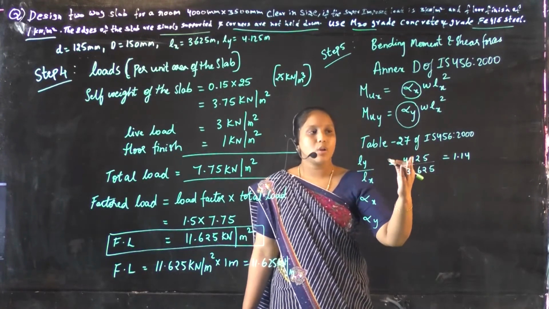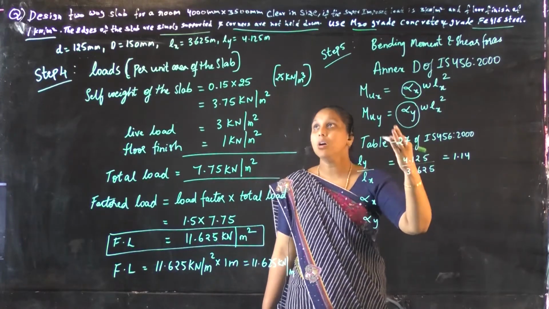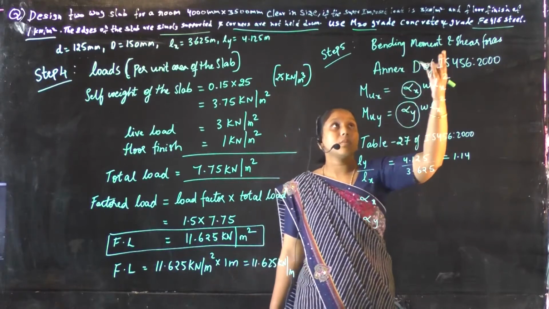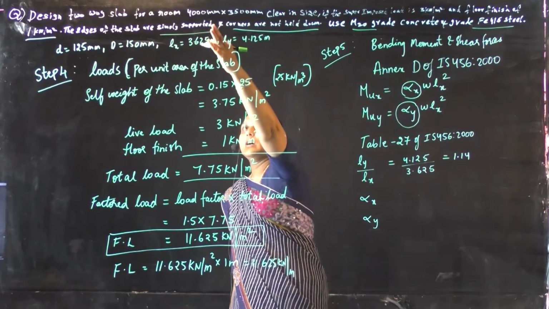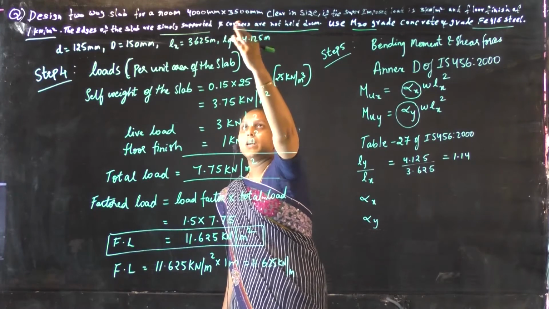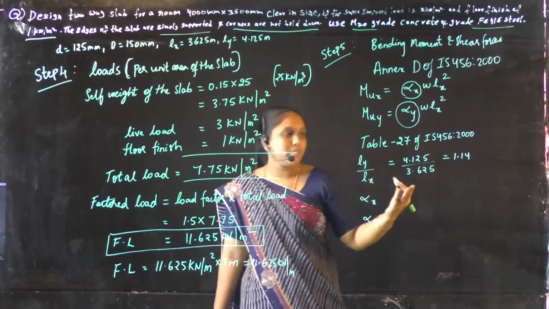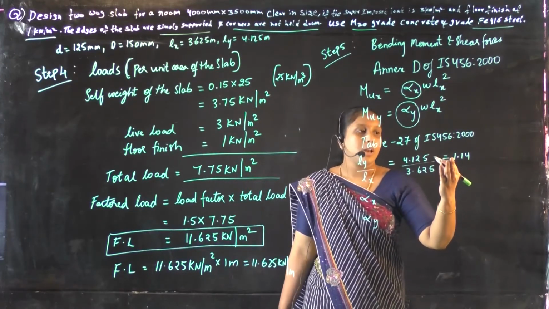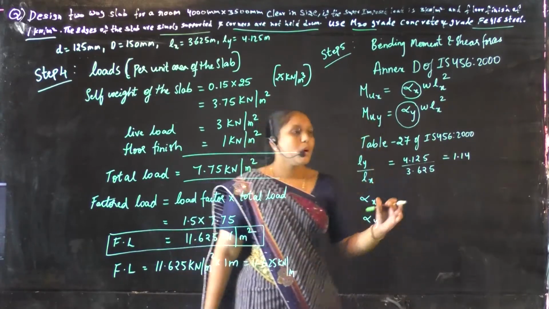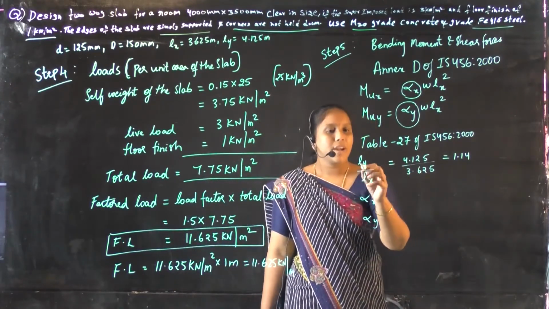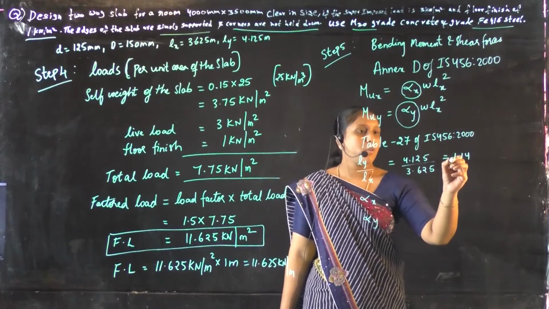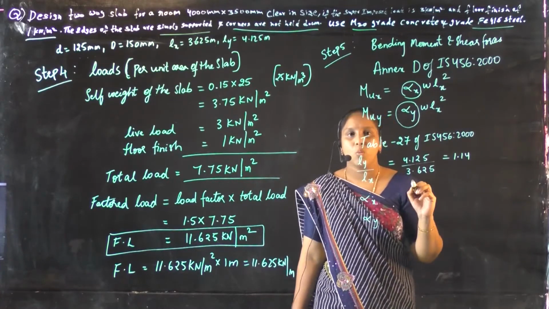Or you can also calculate the Ly by Lx ratio from the clear dimensions, that is, 4 divided by 3.5, which also gives the value 1.14. Now we have calculated the Ly by Lx ratio and got a value of 1.14.